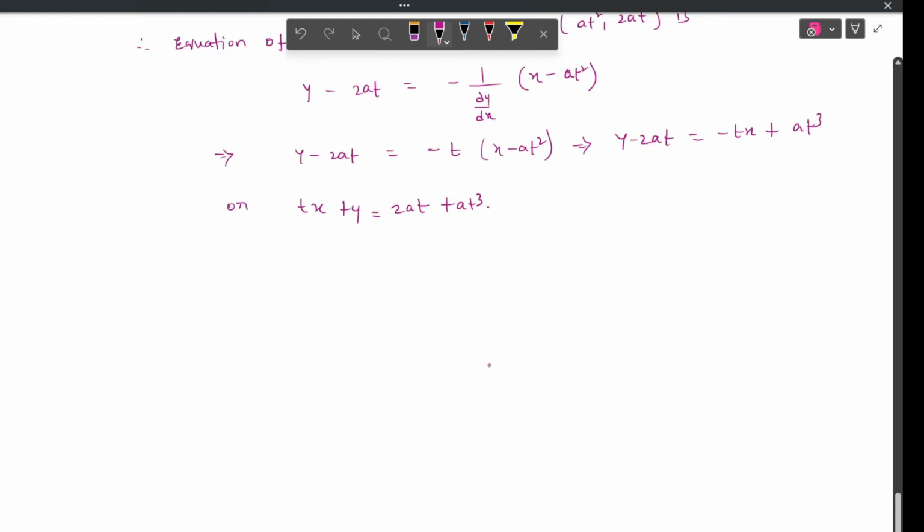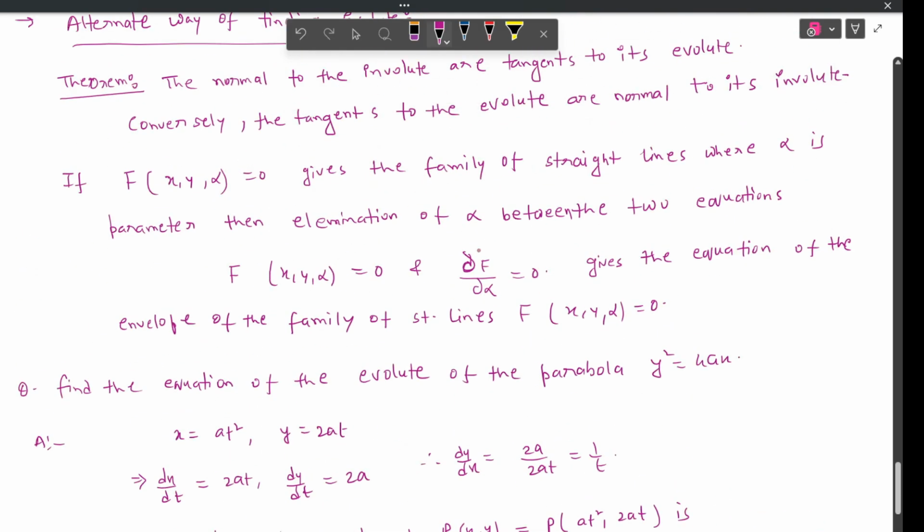Okay. Now this is the variable normal, but t is a parameter. So differentiate, we have to take the partial differentiation, right? Because this is partial differentiation of the function.